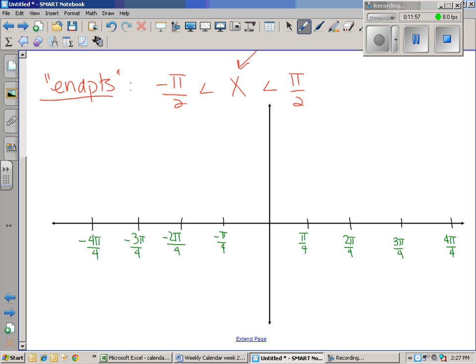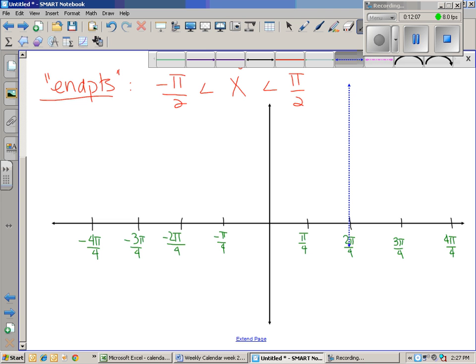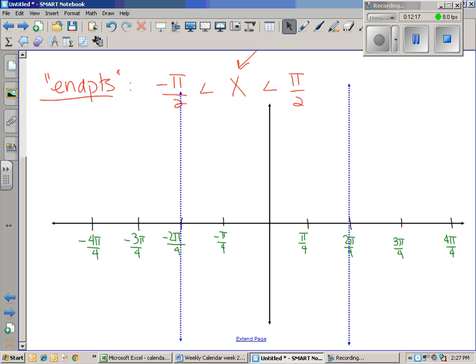Now, we agreed earlier that if I hit pi over 2, it's going to blow up. My world ceases to exist. 2 pi over 4s reduces to pi over 2, which means that negative 2 pi over 4s should also reduce to negative pi over 2, and it does.